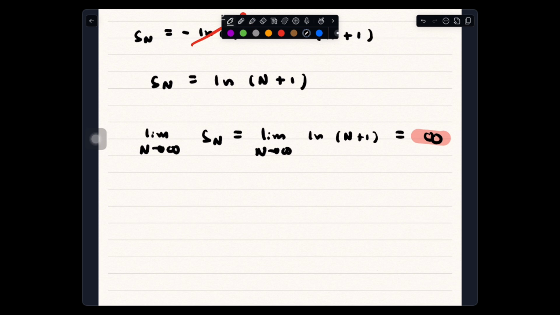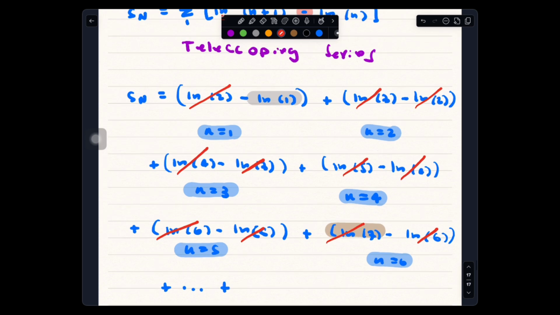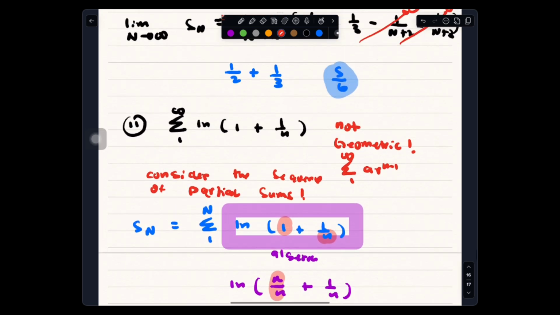So as n gets big, what's the deal? Sn goes to infinity. What does that mean? This means that the sequence of partial sums diverges, and so does the series. The series also diverges.